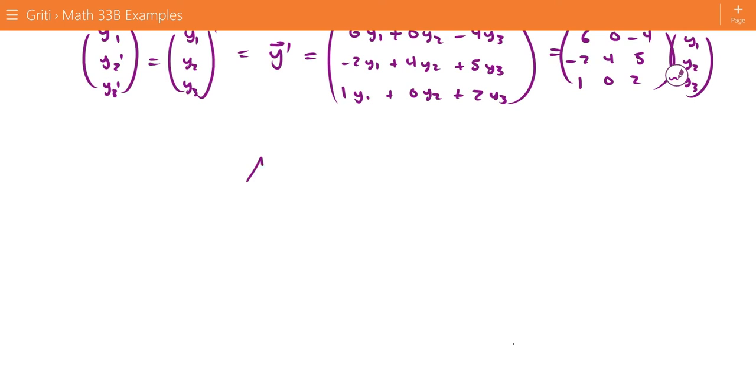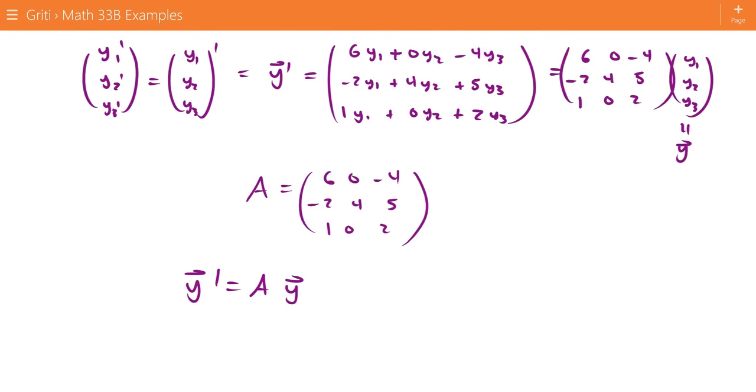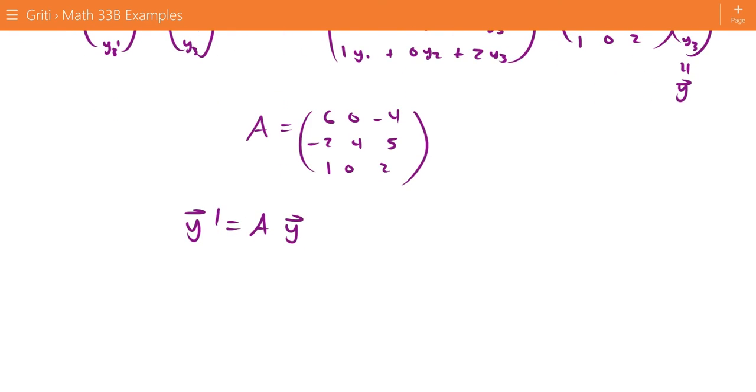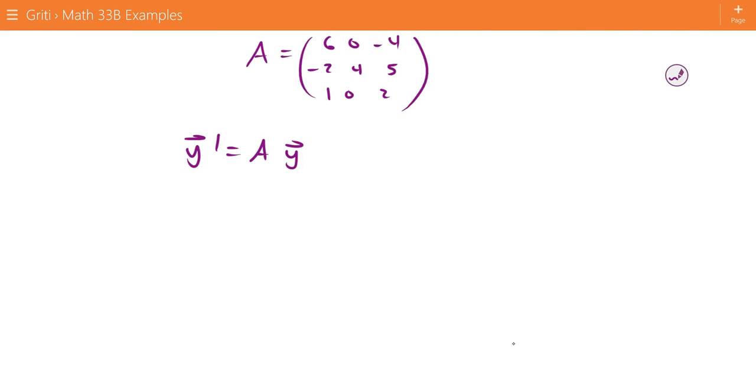So if we define the matrix A to be that matrix we just had, then this turns into the equation y prime equals A y, if we define this to be the vector y. So now that we have this in this form, we can go and start finding the eigenvalues.